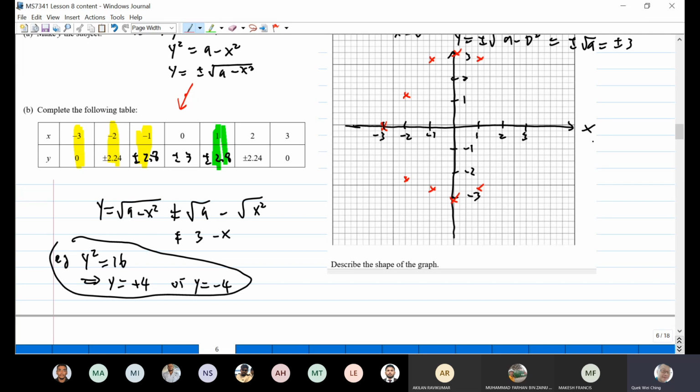Then where's 2 now? 2 is plus or minus 2.24. Okay, 2.24 is actually somewhere here. Plus or minus 2.24, somewhere here. And finally, 3, 0. 3 is here.